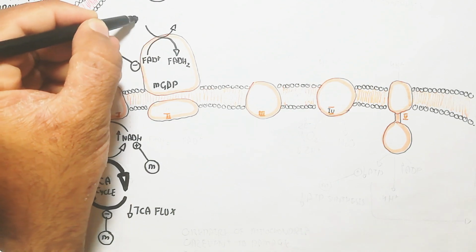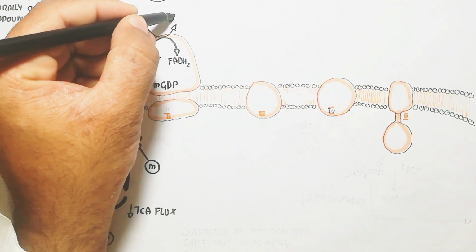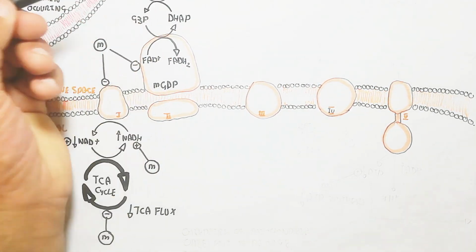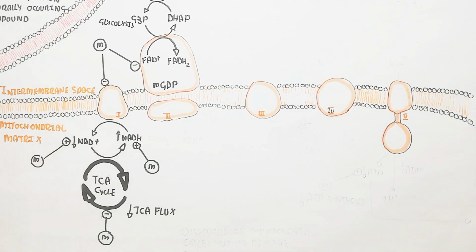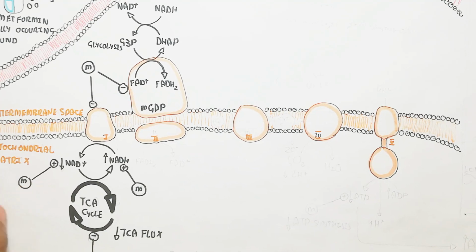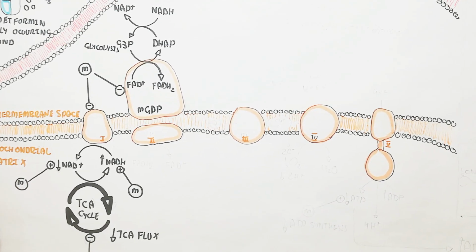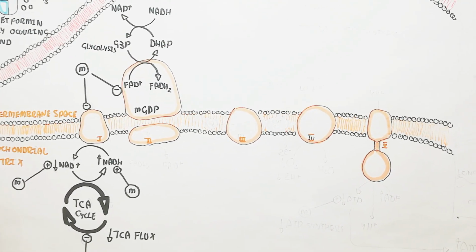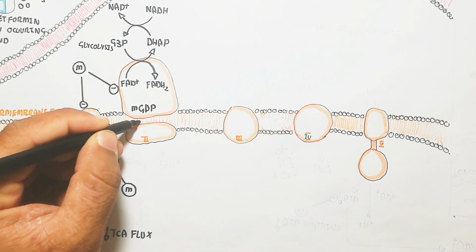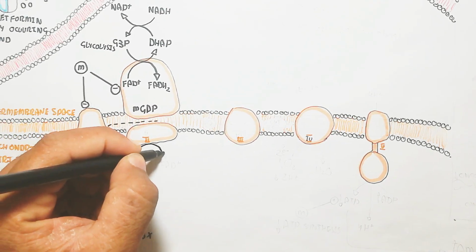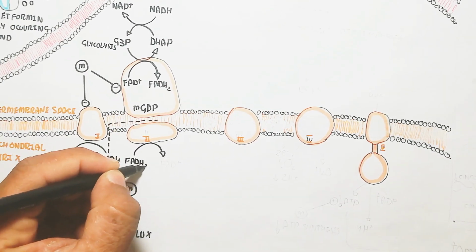Here you can see the G3P. Glyceraldehyde 3-phosphate is converted into DHAP using FAD plus to FADH2, which is reduced. DHAP, dihydroxyacetone phosphate, is converted into G3P using NADH.